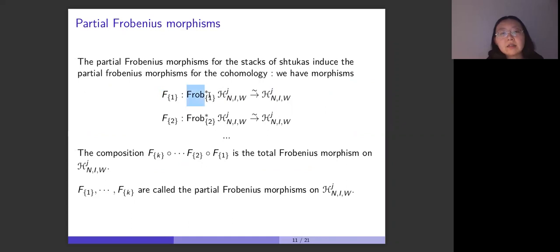So this is Frobenius on X times I, X minus n times I. So you have Frobenius for the first leg, for the second leg, for each leg, and the composition of this is the total Frobenius morphism on the cohomology. So this is called the partial Frobenius morphism on the cohomology.